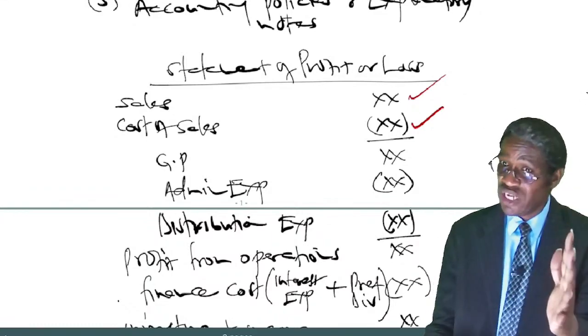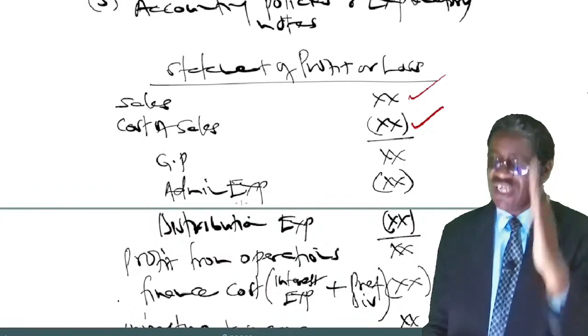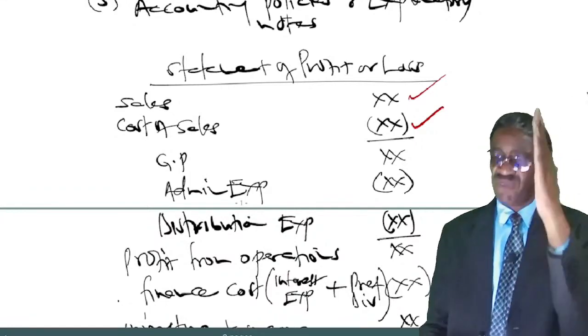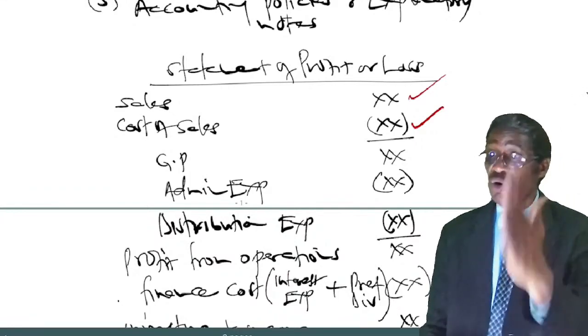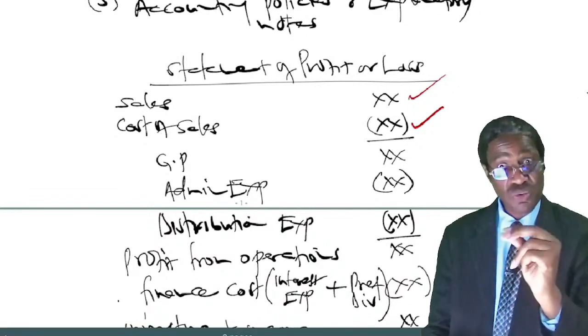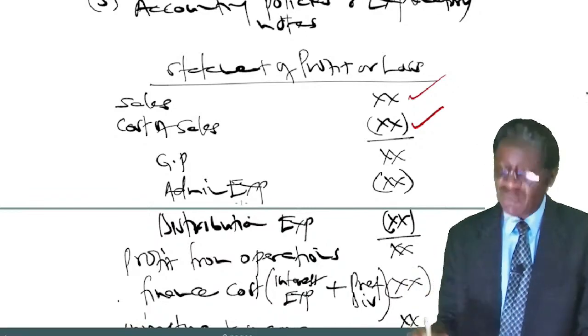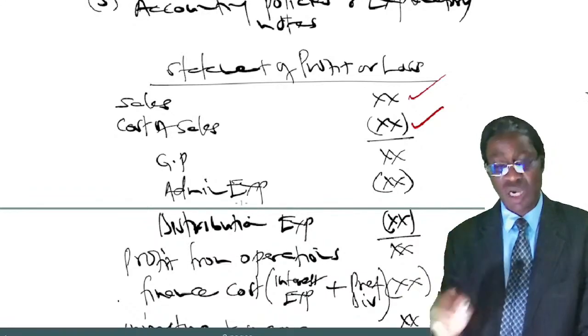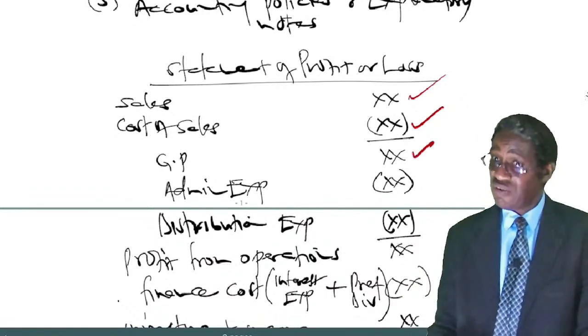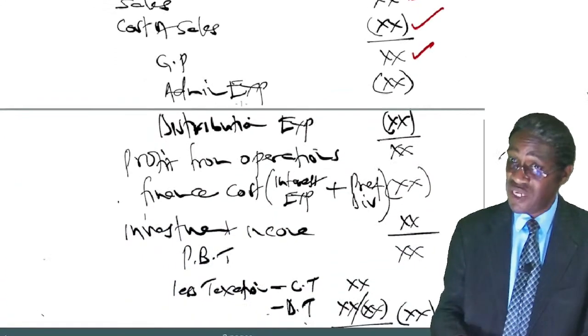You know how to get the cost of sales, but we are saying don't show the workings of the cost of sales on the face of the income statement. Work it out somewhere, bring it as a single amount. Get the GP, then minus the expenses.